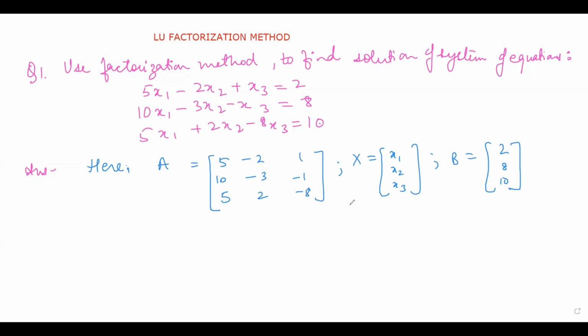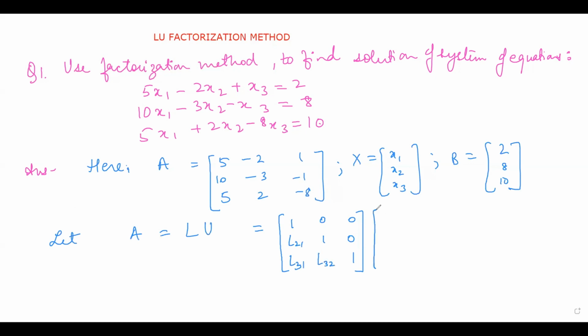Now, in the LU factorization or decomposition method, we assume A to be LU, where L is the lower triangular matrix with the diagonal elements as 1. So this is how we'll write our lower triangular matrix.